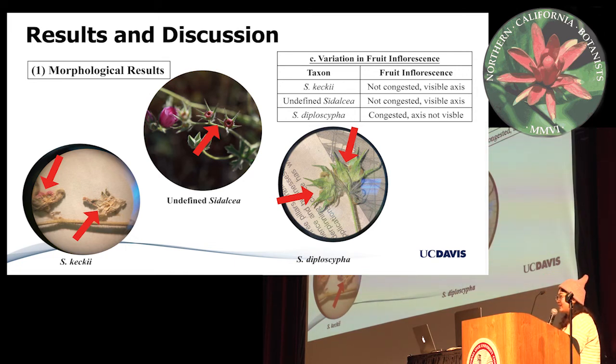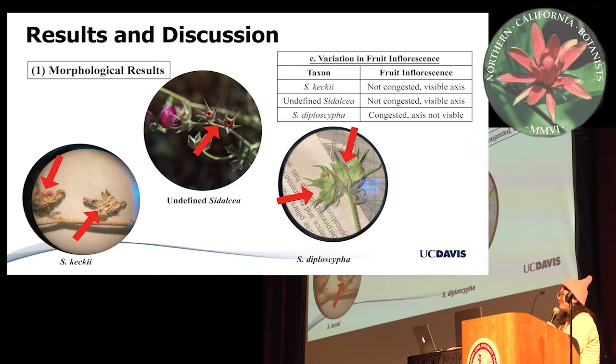For Sidalcea and undefined Sidalcea, the fruit inflorescences are both not congested, with a visible axis, but Sidalcea diplocypha have congested fruit inflorescences without any visible axis. I think the pictures are not really clear, but I checked as many samples as I could, and I'm pretty sure it's real.